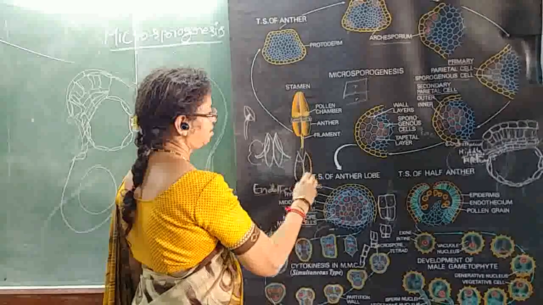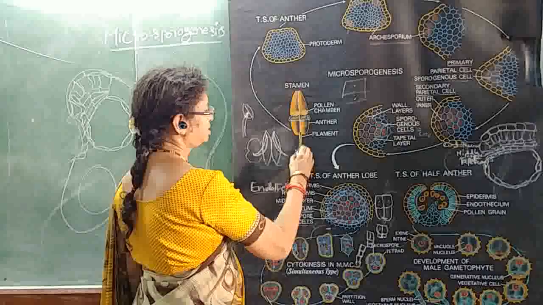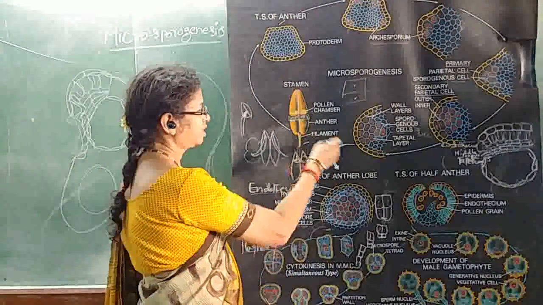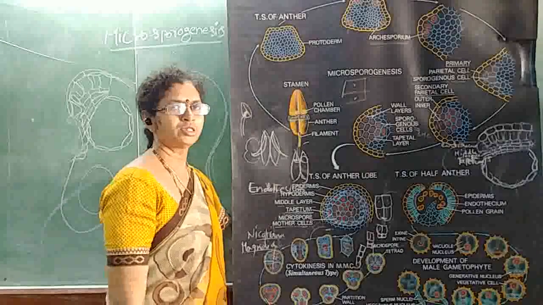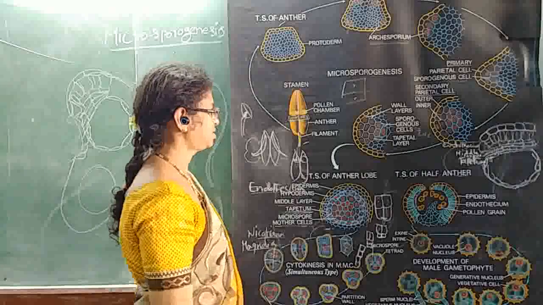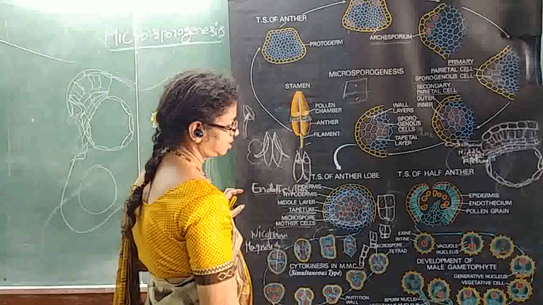At the tip of the anther, two pores are present, and through these pores the pollen grains are released outside. So this is the dehiscence of anther, and it varies in species like that.